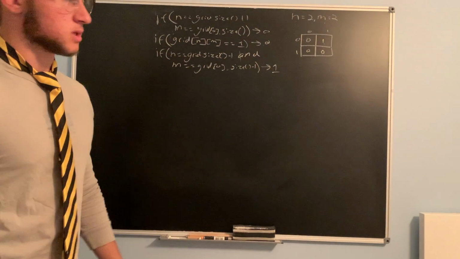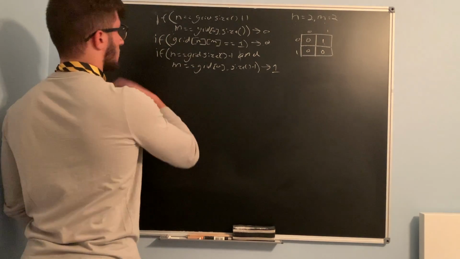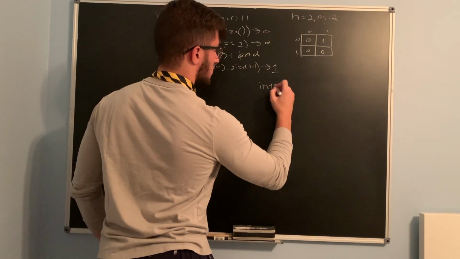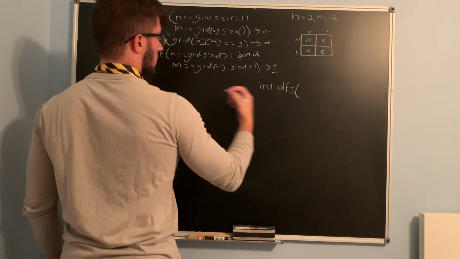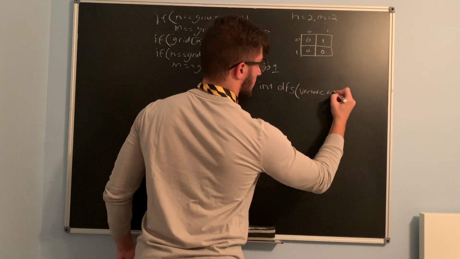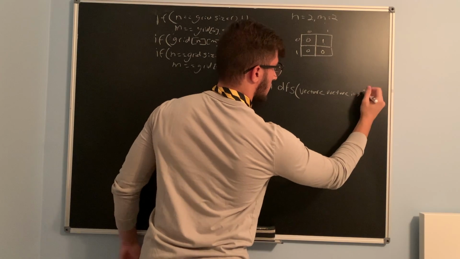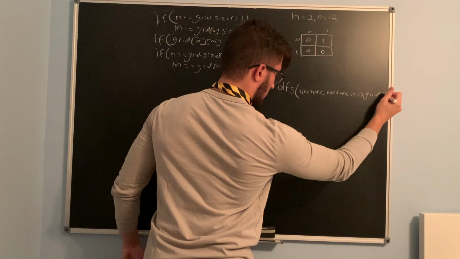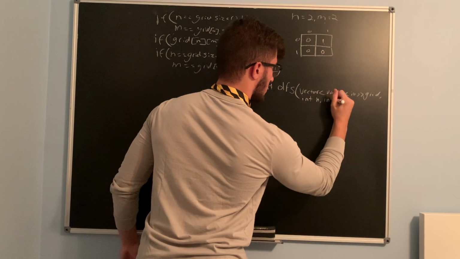Alright, so now since we understand the algorithm, we can finish up the code here. Assuming the function is declared as an int, we'll call it DFS, and it's given a two-dimensional vector, so a vector of vectors of int, called grid, and it's also given an integer n and an integer m.